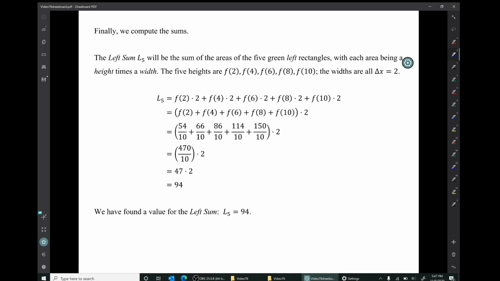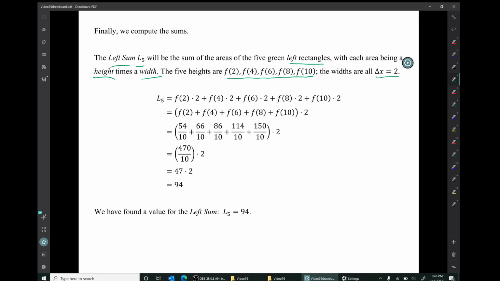Finally, we compute the sums. The left sum, L5, will be the sum of the areas of the 5 green left rectangles, with each area being a height times a width. The 5 heights are these numbers we computed on the previous page. The widths are all delta x equals 2.